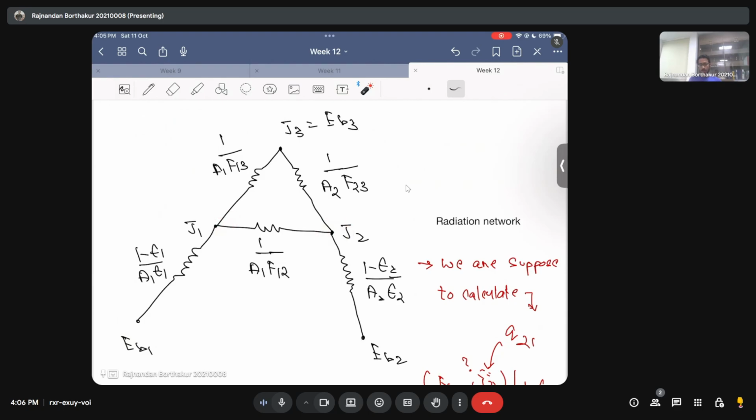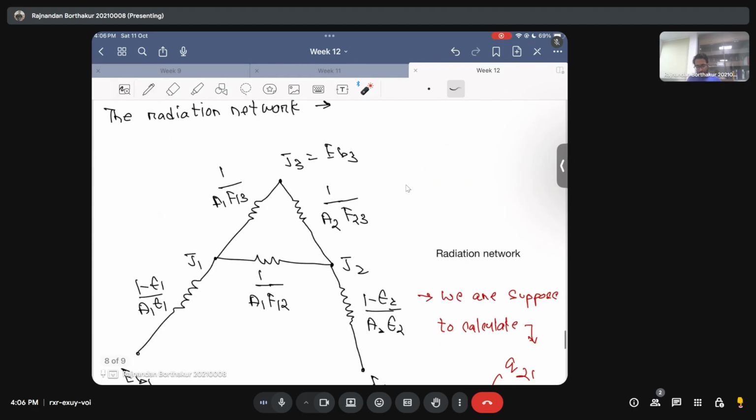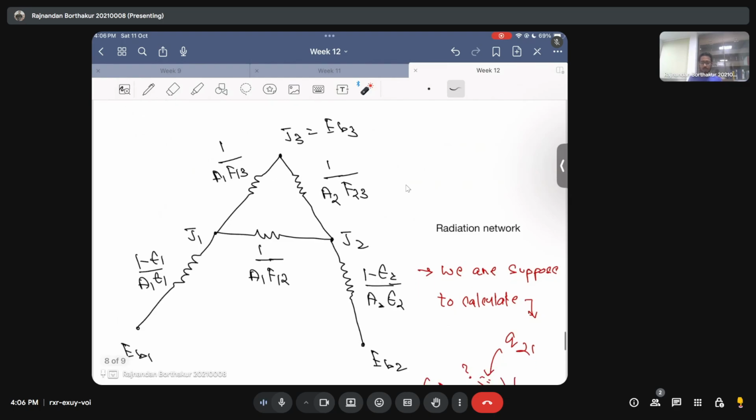You will see that the equations for J1 and J2 are coupled, which means you need to solve them simultaneously to calculate the radiosity node J2. Maybe I'll stop here for a couple of minutes. You can understand how this radiation network came and the objective moving on from here.